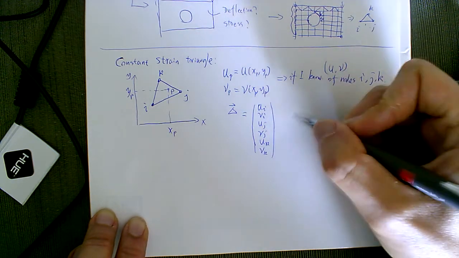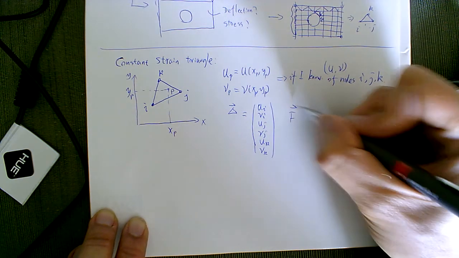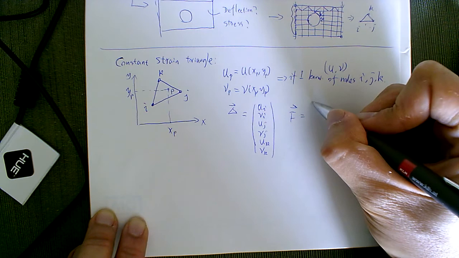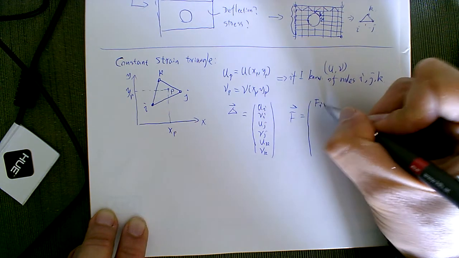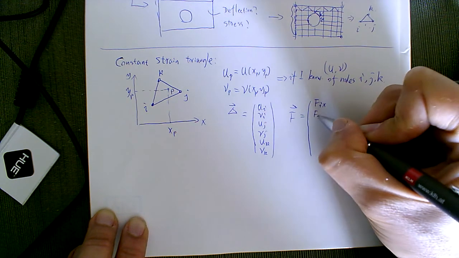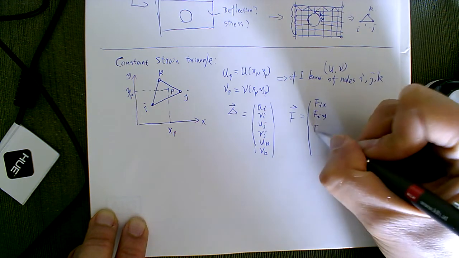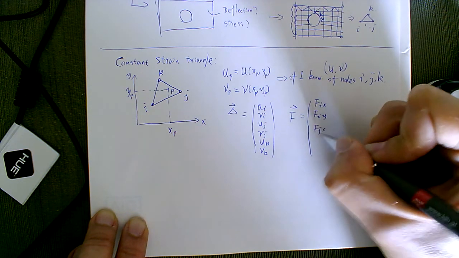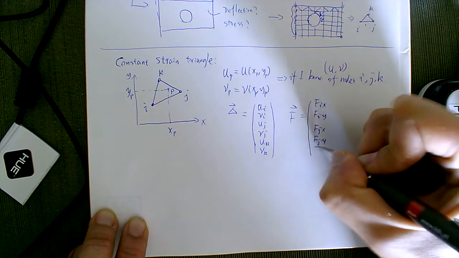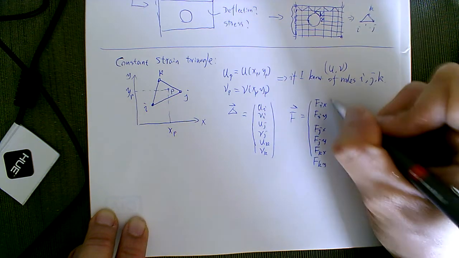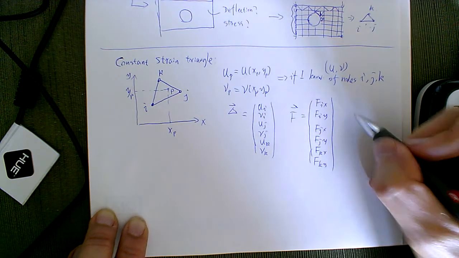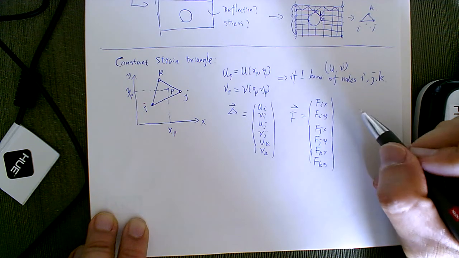Then corresponding to it, you have the element force vector: the force in I in x, force in I in y, force jx, fjy, fkx, and fky. Then we just need to find an ek that's corresponding to it.